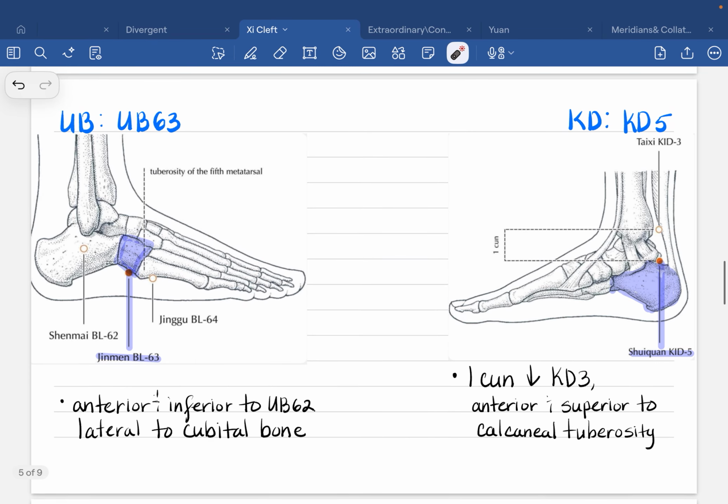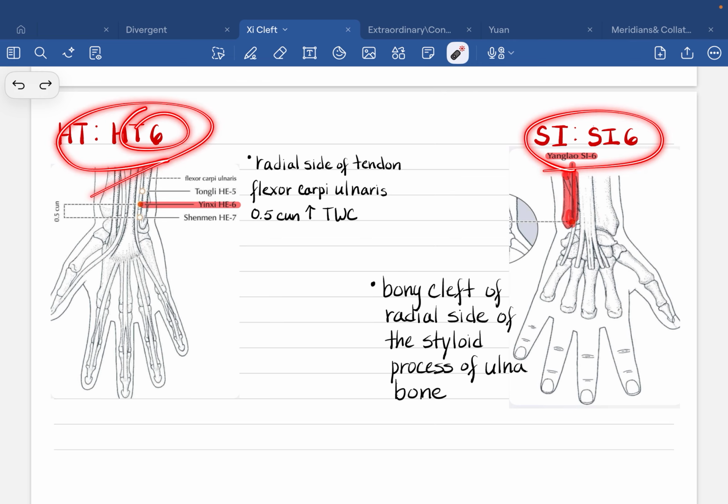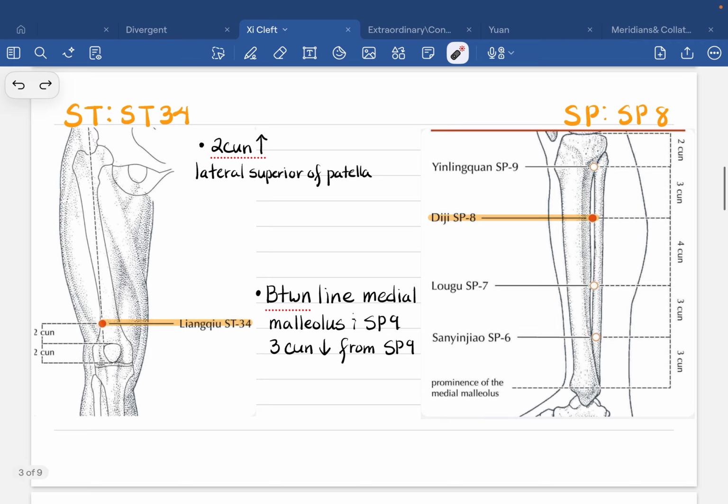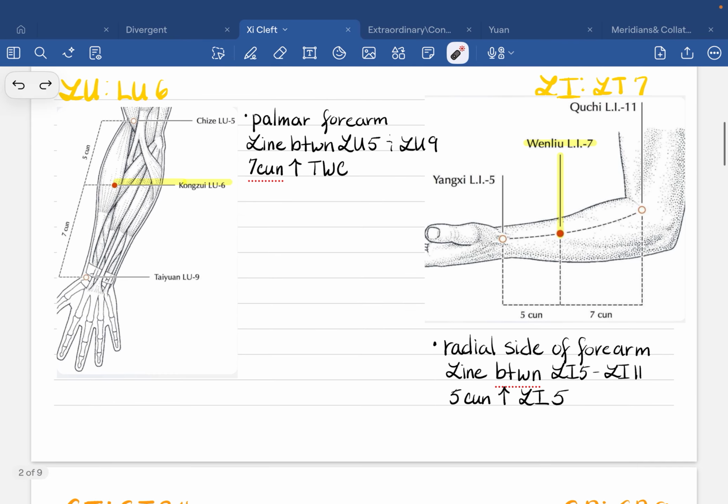And then we also, I believe, up here, an easy way to remember: Heart 6 and SI 6. They both are the points 6, 6. I think those are some of the things that you can remember.